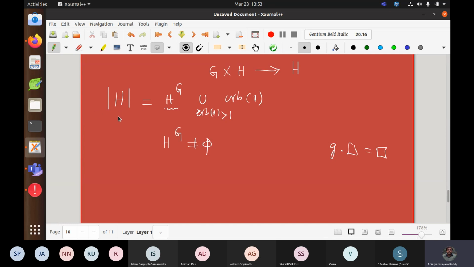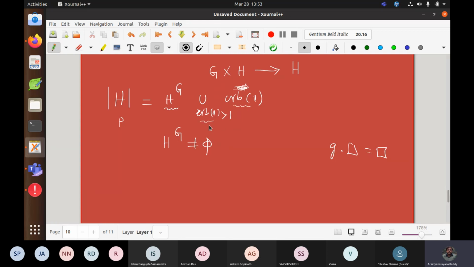What is the cardinality of H? It is P. Here the cardinality of H^G is at least one, since the identity is there. Now suppose I want to show that these other orbits are all empty. Suppose one of them is non-empty.